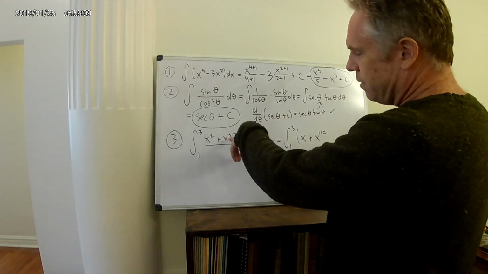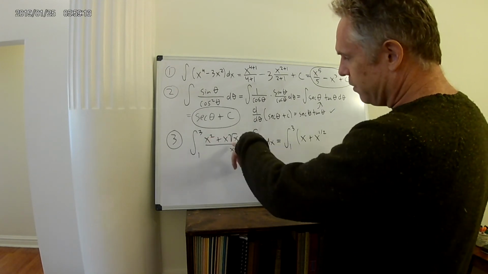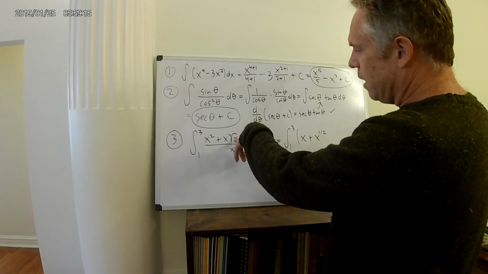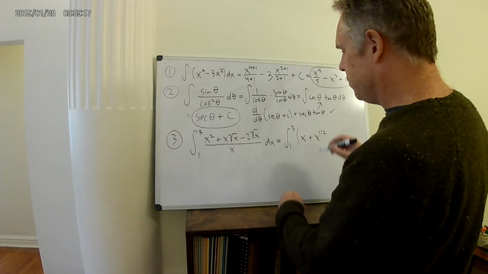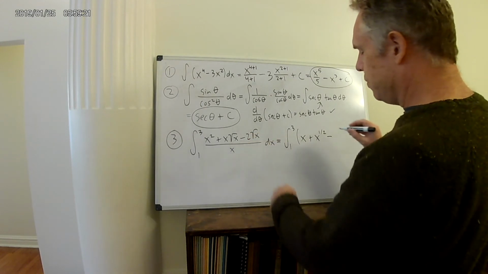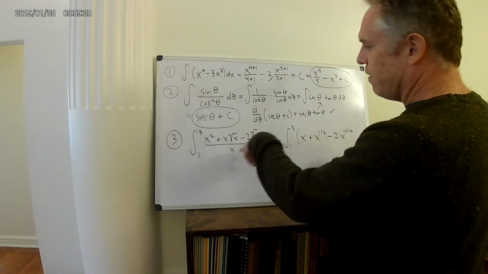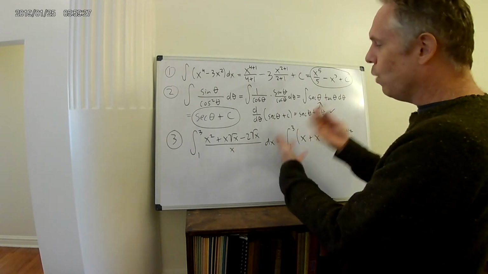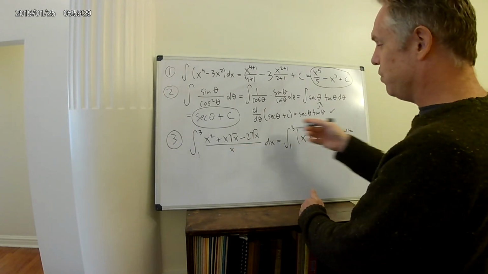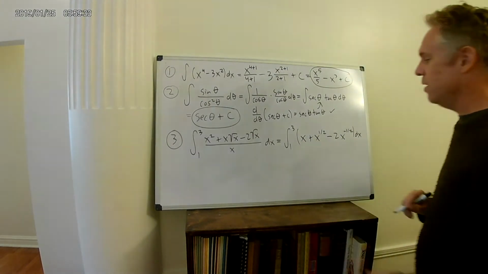So x plus, this x cancels here, we get an x. These two x's cancel, we get an x to the 1/2 here, or square root of x. And then over here we get an x to the minus 1/2, because square root of x divided by x is 1 over square root of x, which is x to the minus 1/2. We still have a minus 2 here. So I just simplified this way.